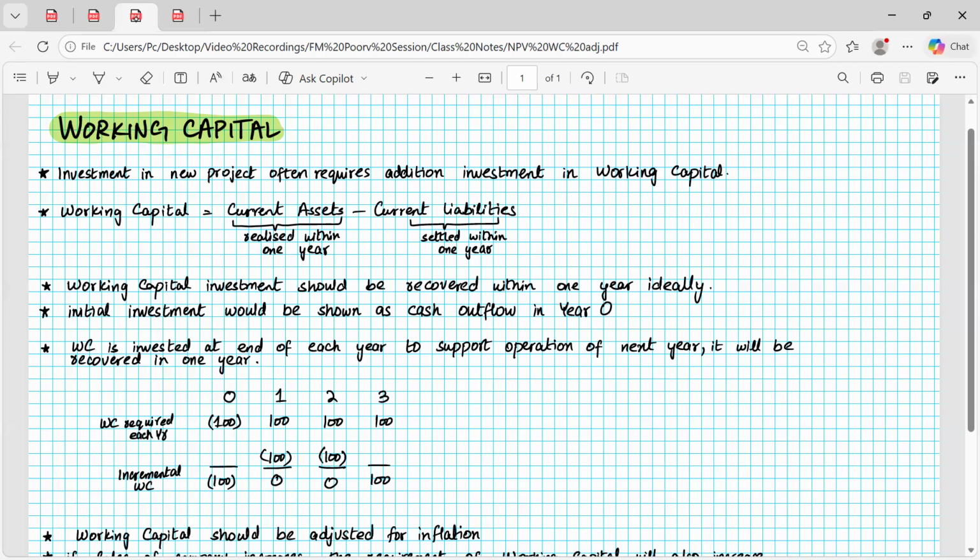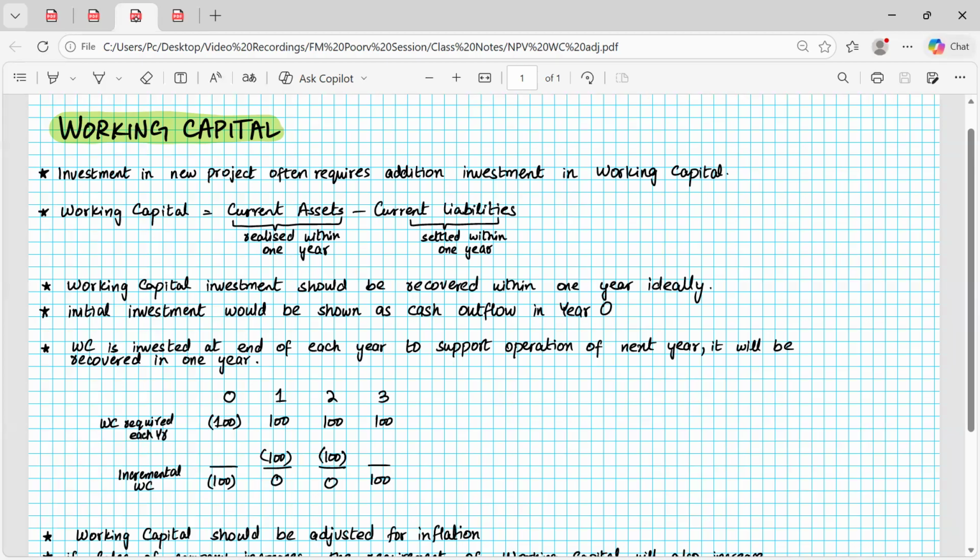Let's say you purchase inventory on credit, so there will be payables. Now, using that inventory, you will produce the product and sell it, and by selling the product you will get cash. It will convert into a receivable, and then you will get cash. So ideally we assume that when I invest something in working capital, I will recover it within a year. Is this part clear?